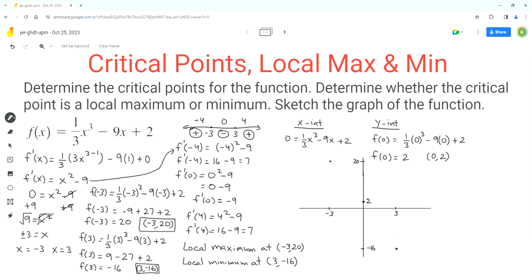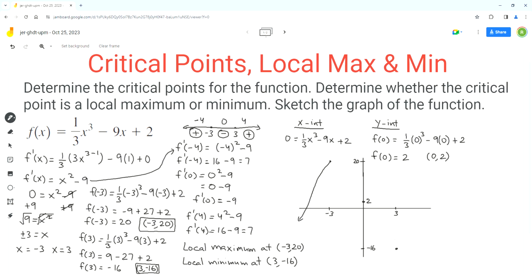Now we can sketch the graph. As per our analysis, to the left side of x equals -3, the function is increasing. So we'll draw a curve that goes up from left to right towards the local maximum. Between -3 and 3, the function is decreasing.